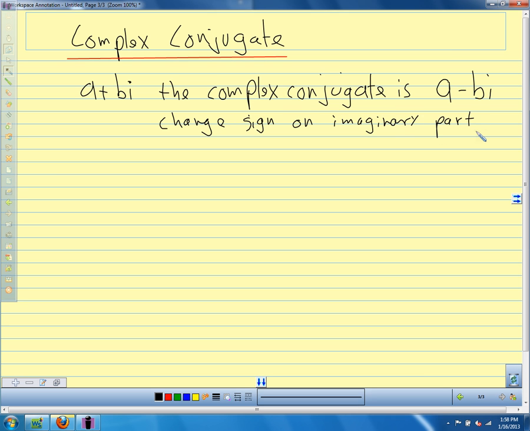Now, one nice thing about the complex conjugate is if we multiply a complex number by its conjugate, we get a real number.